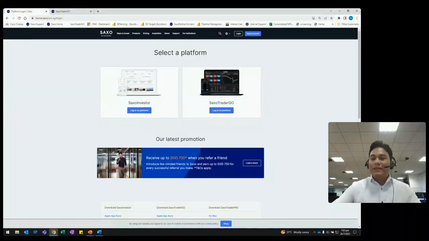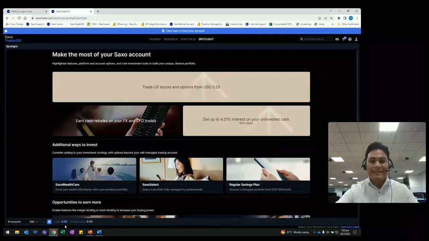So let us begin with our award-winning platform, Saxo Trader Go. To access the platform, you can go to the URL saxotrader.com, or you can simply log in from our homepage, home.saxo. Saxo Trader Go is available on both web and mobile app. Once you have logged in, this is the new screen layout which you will see.